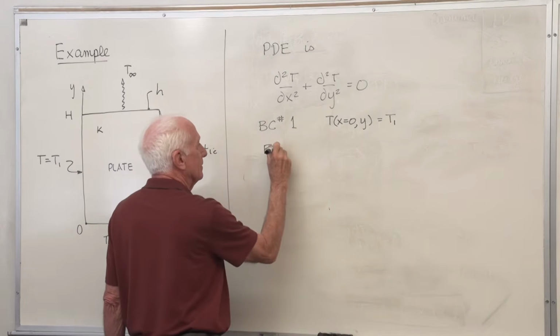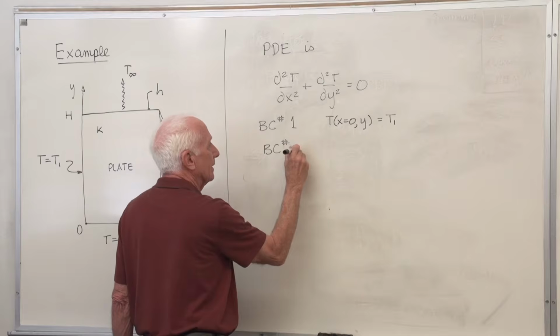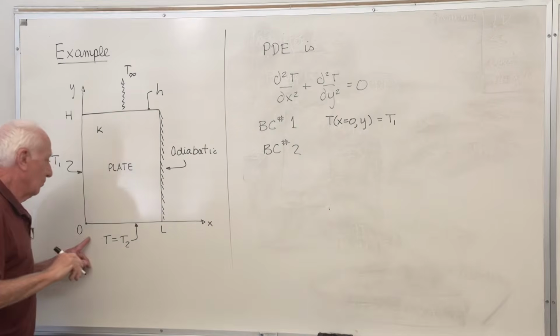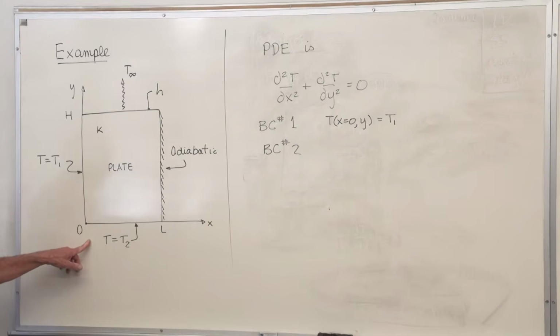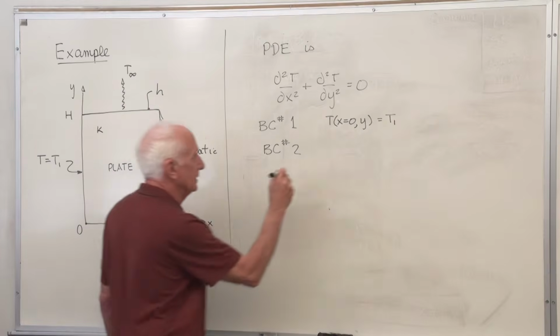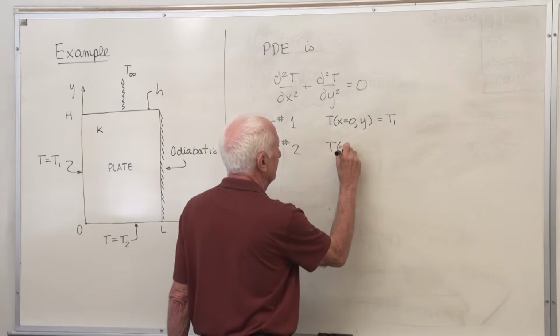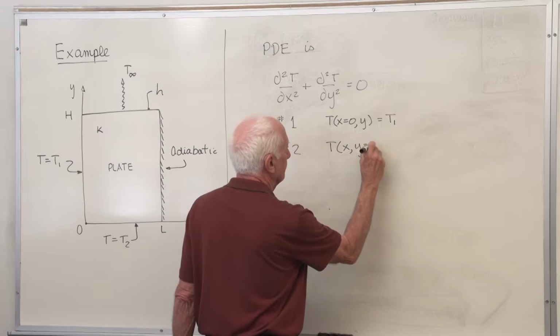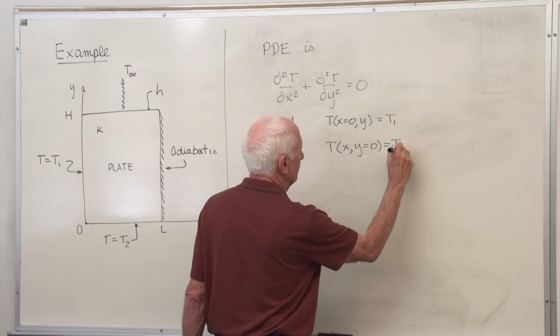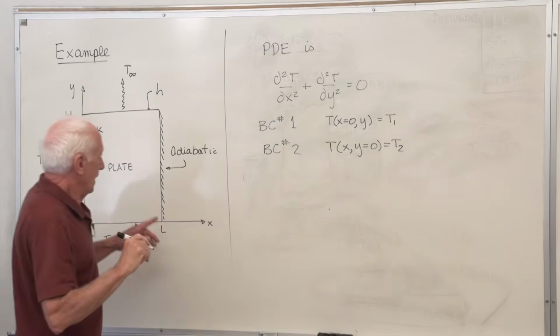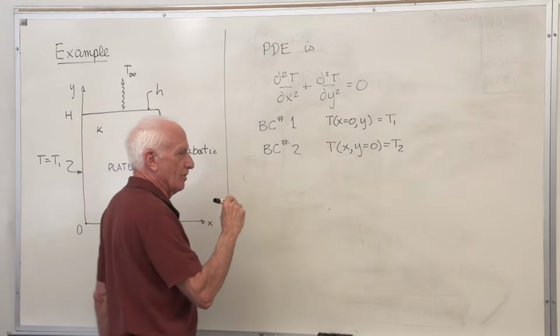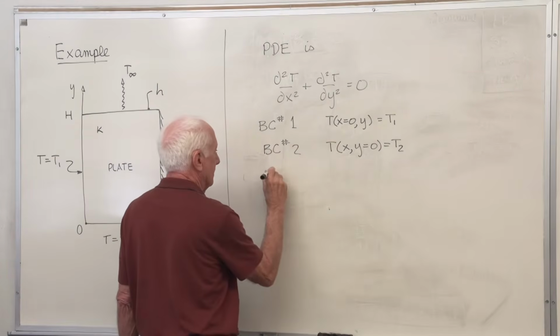At the bottom of the plate, I know when Y is equal to 0 for any X, T equals T2. I know the right-hand side is perfectly insulated, adiabatic.